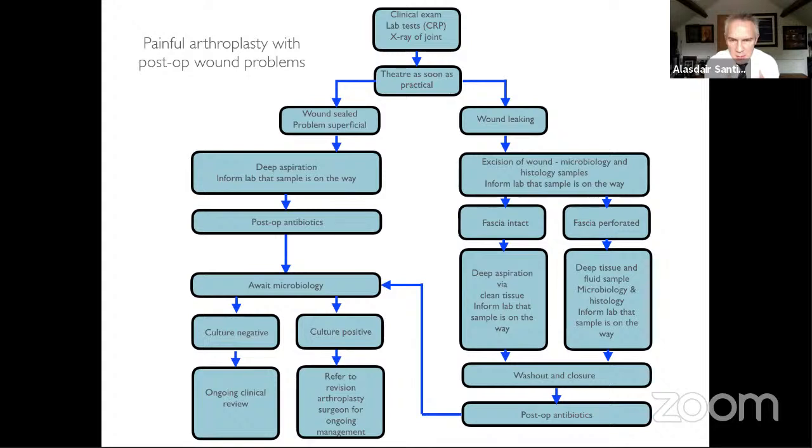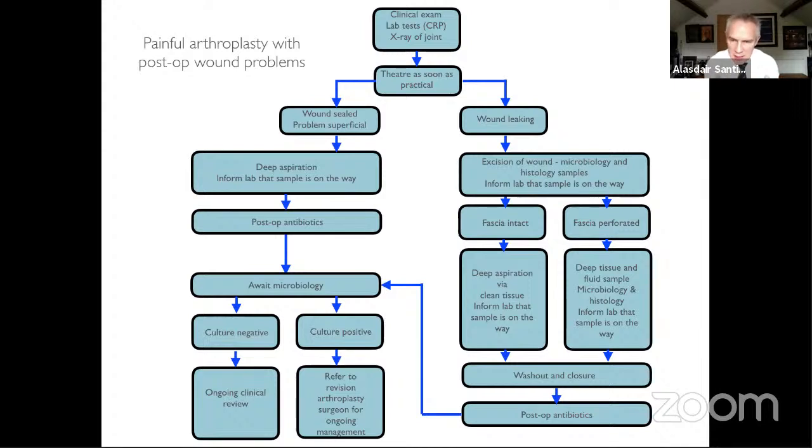But the same thing, it's a matter of analysis, taking microbiology, taking histology, which I'll come back to, and making sure the laboratory knows the samples are on their way, particularly if you're doing this on a Sunday morning when there may not be a full lab capacity. They know the samples are coming, then they can check them. You don't want samples sitting there for 24, 48 hours until someone picks them up on a routine day the following day.